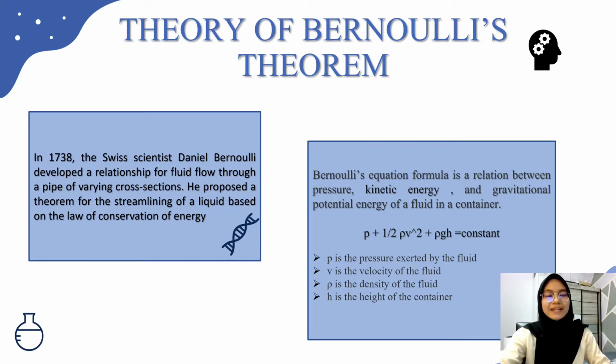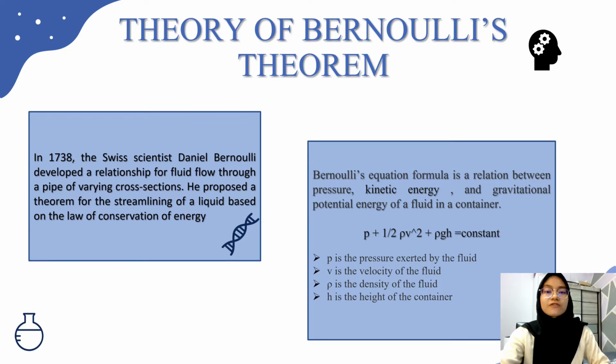The next part is the theory of Bernoulli's theorem. In 1738, the Swiss scientist Daniel Bernoulli developed a relationship for fluid flow through a pipe of varying cross-sections. He proposed a theorem for the streamlining of a liquid based on the law of conservation of energy.